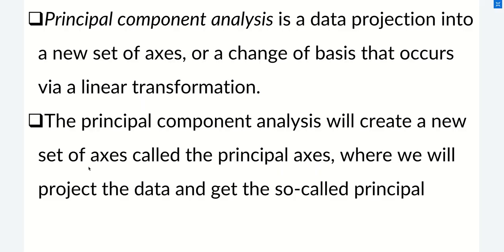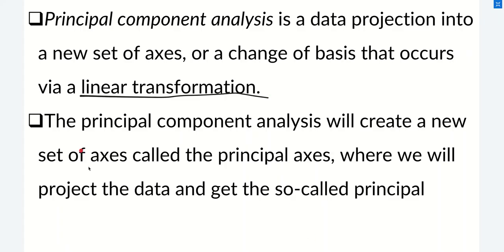So what principal component analysis is doing, as I said, is just data projection into a new set of axes, or a change of basis, that occurs via linear transformation. So the explanation I'm giving here is that we are transforming from one space to another. At the end, we get a new axis or a new basis. All these things I believe you understand, because you've done it already.